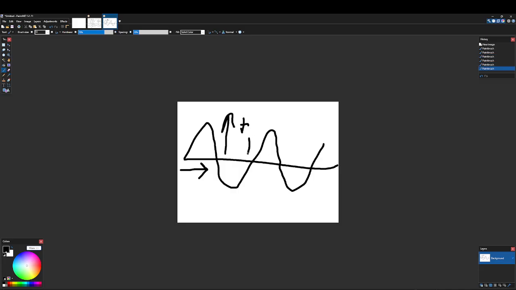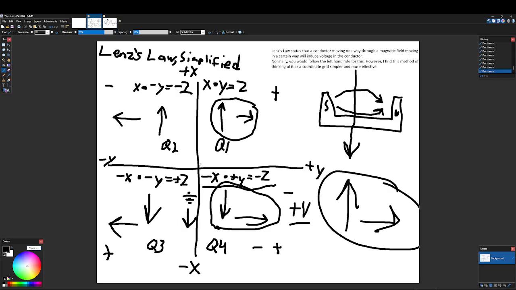If it's going down, it's negative. So that's how you can think about this. If the conductor is going up, then it's moving in the quote unquote right direction. And if the field is going right, then it's moving in the right direction. So that's why we want this, because it comes out to a positive. But running in the opposite direction both ways still works as well in giving us positive.